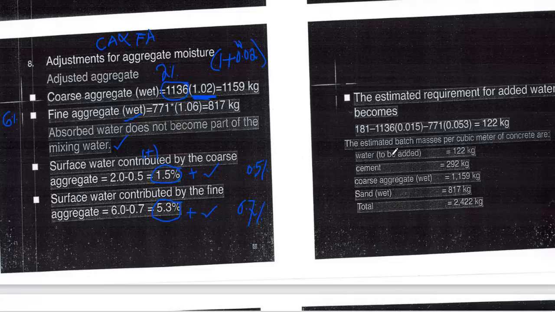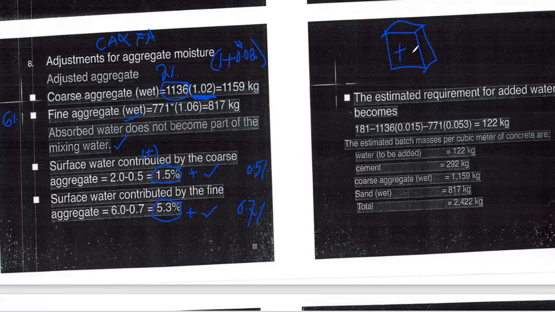So now have a look. Your original water quantity was 181 kg or liter, whatever you like to say. So then this value of water, like 1.5% water, will add to your coarse aggregate.